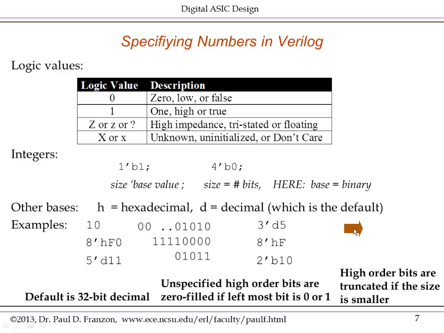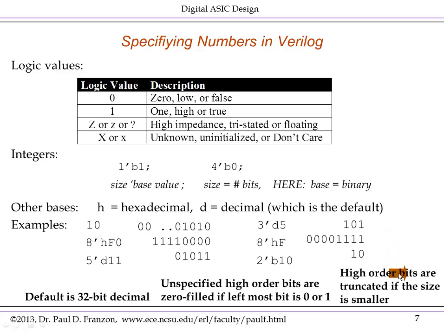Now let's look at the examples on the right. 3'd5 is quite straightforward. 5 is 101 when it's 3 bits wide. 8'hF has 4 zeros to pad the left-hand side of F. 2'b10 is exactly how it specifies.